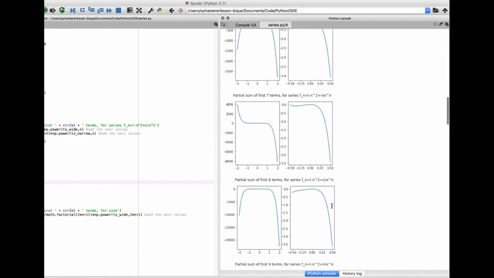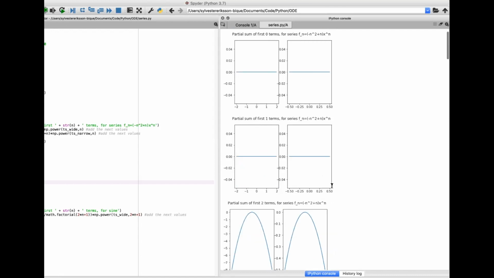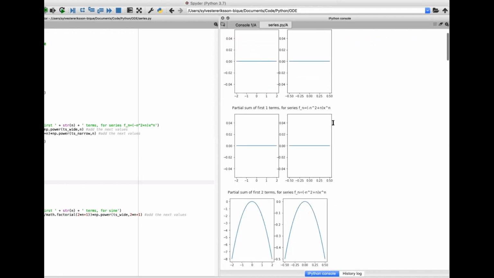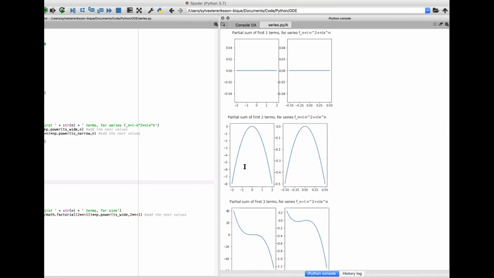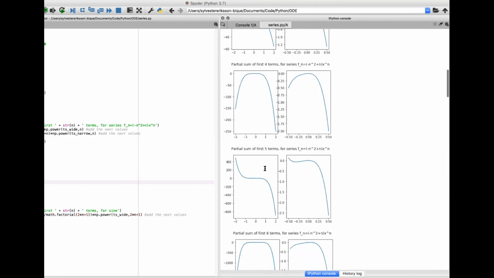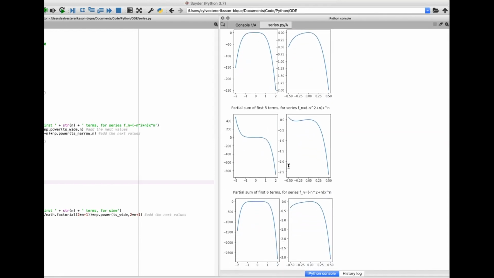Now, remember that I said that the convergence happens in the interval (-1, 1). What is happening in these side-by-side pictures is that you have an interval from -2 to 2 on the left-hand side, whereas on the right-hand side you have -0.5 to 0.5. Initially there's not a huge difference, but once you go to more than, say, 5 terms, you start noticing a big difference. The right-hand side is converging nicely.